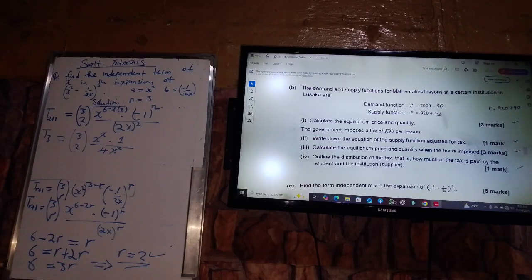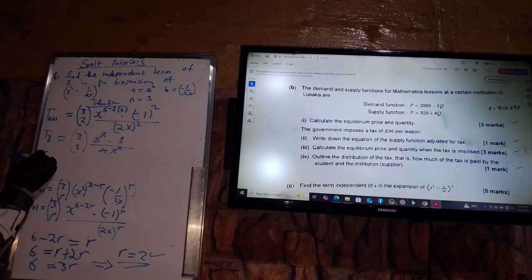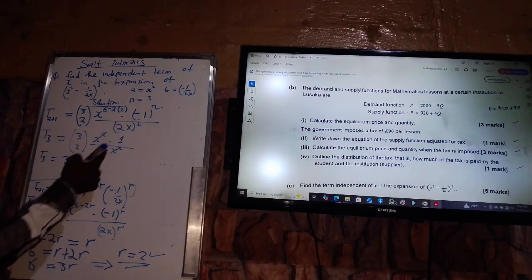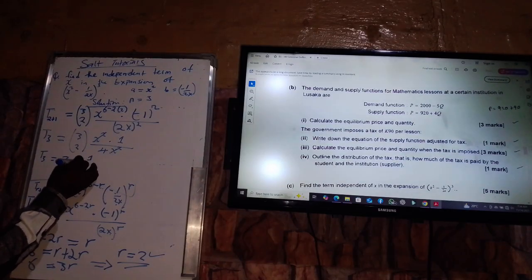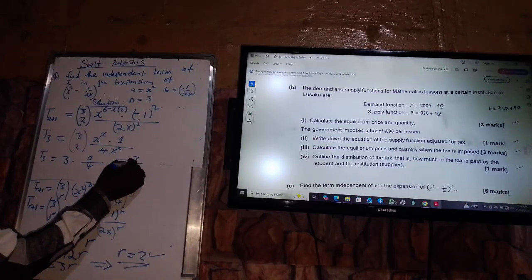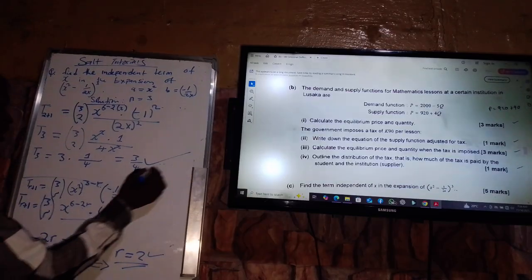Even if you don't use your formula, since you are using calculators, 3 combination 2 will give you 3. So T3 will now be equal to 3 multiplied by 1 over 4, which gives me 3 over 4 as my independent term of x.